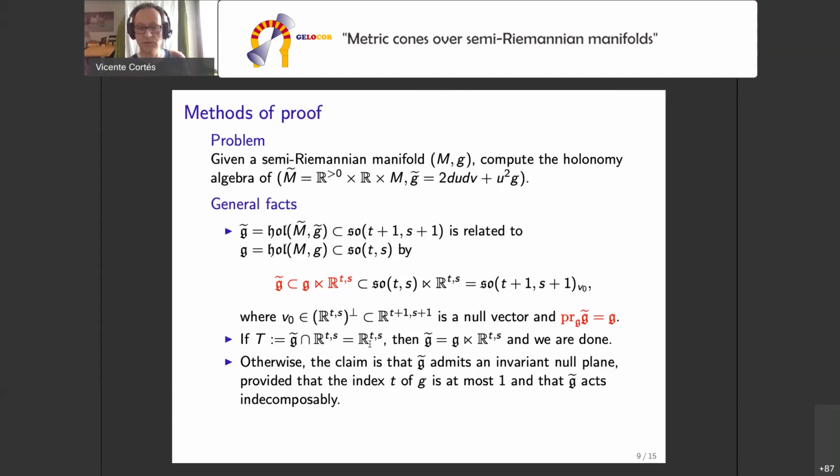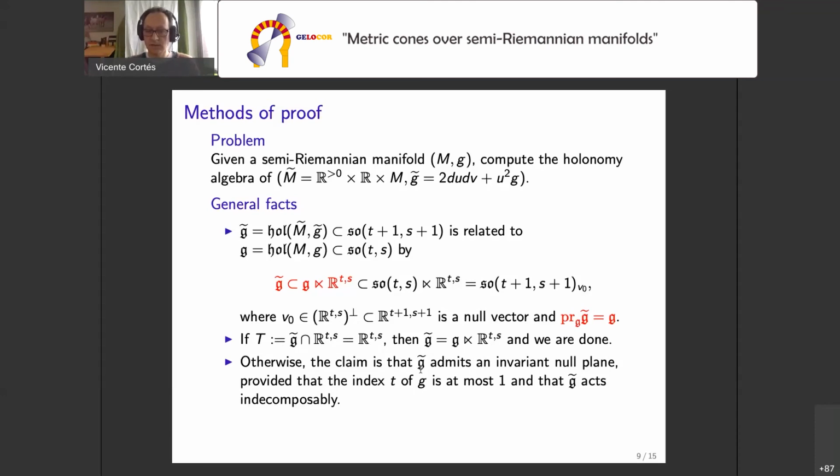We could consider the case when this intersection is all of the translations R^{t,s}, giving the whole vector space R^{t,s}. In that case, we obtain immediately that G tilde is such a semi-direct product. But in general, this ideal of translations could be smaller than R^{t,s}.